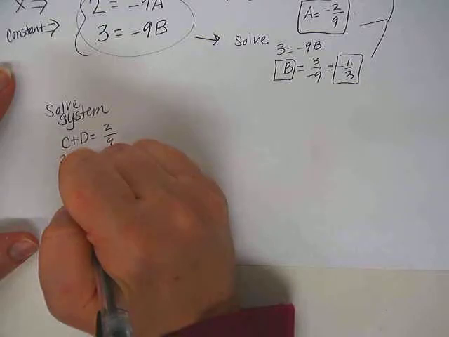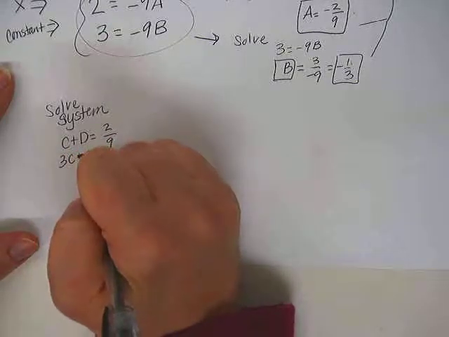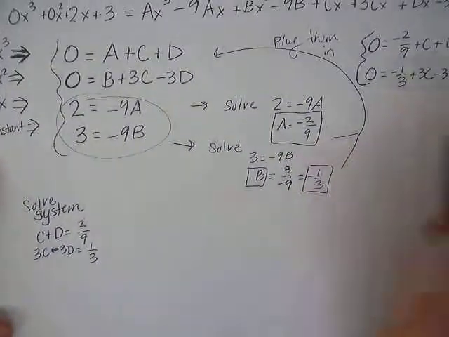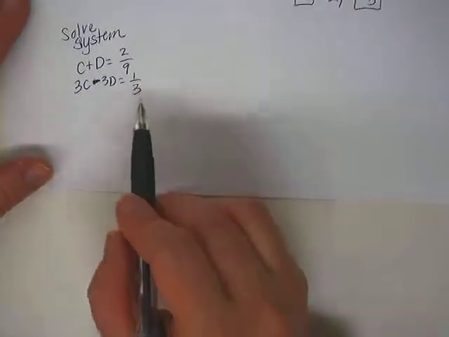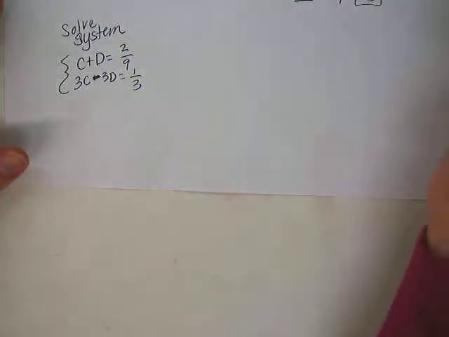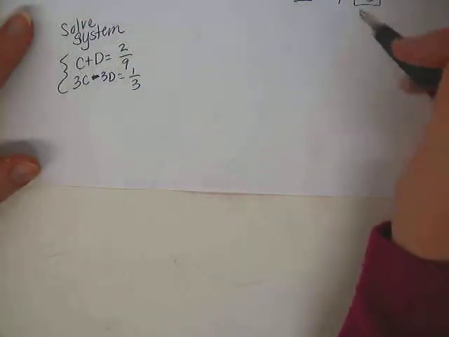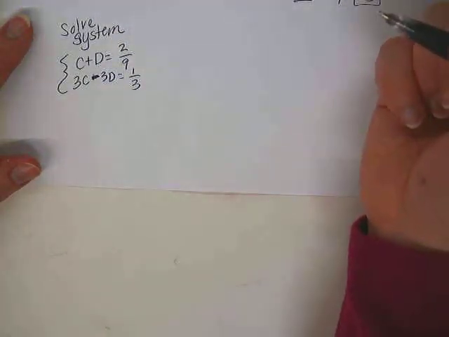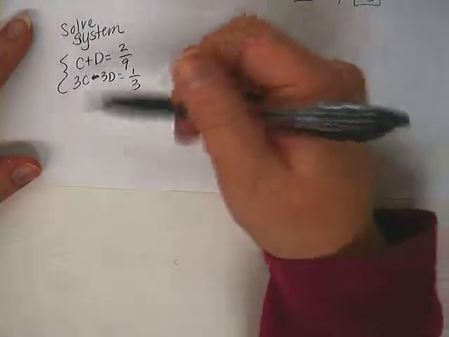Okay, so let's solve the system. c plus d equals 2/9. Should I at least do that much? And 3c minus 3d equals 1/3. So I've moved the constants over to the other side, right?